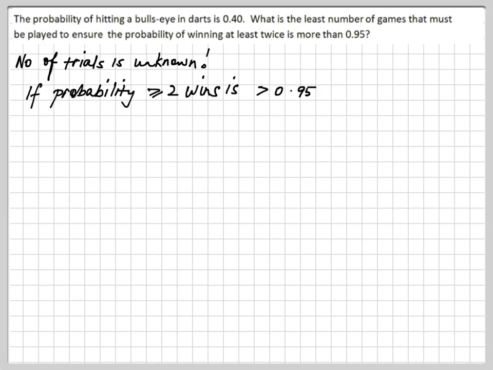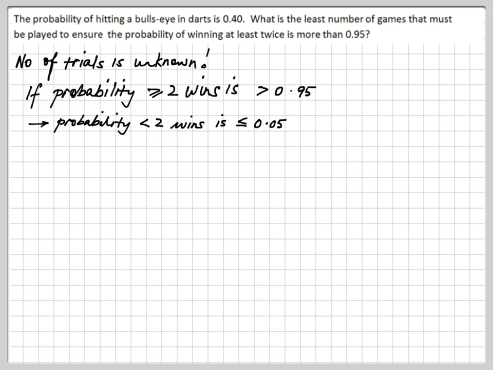We're saying the probability of greater than or equal to 2 wins has to be greater than 0.95. Now, I can turn that round the other way for this particular problem into a manageable scenario, saying that the probability of less than 2 wins is less than or equal to 0.05, and that means I've got all bases covered.